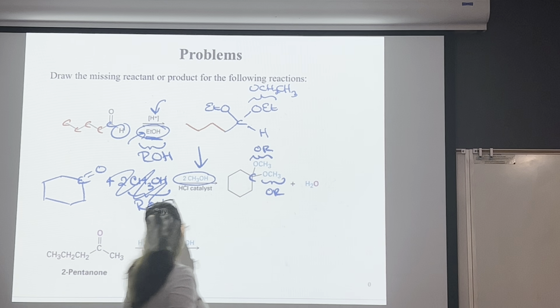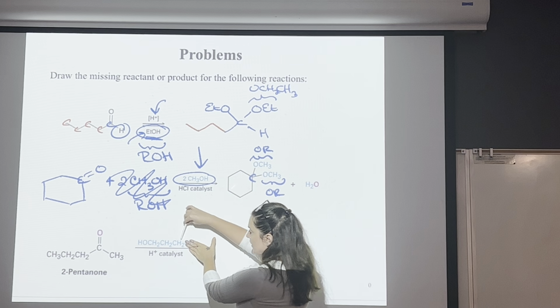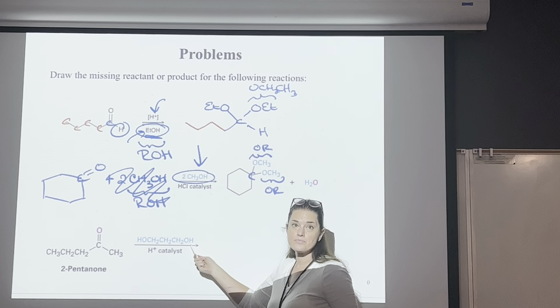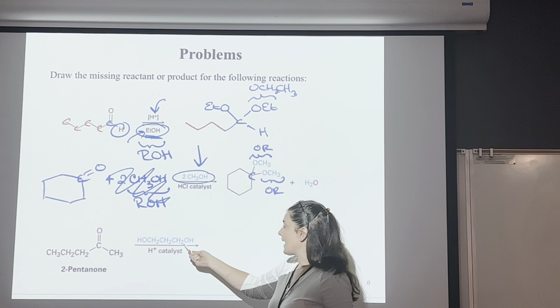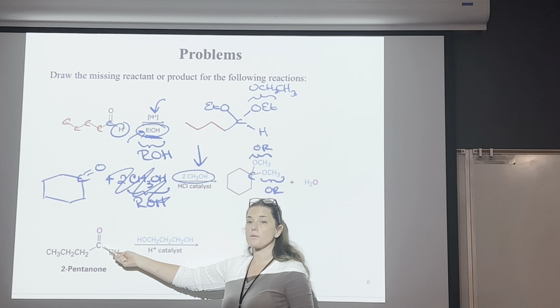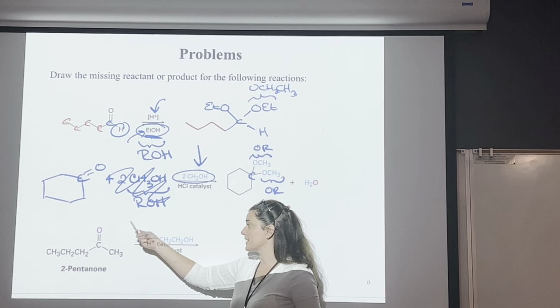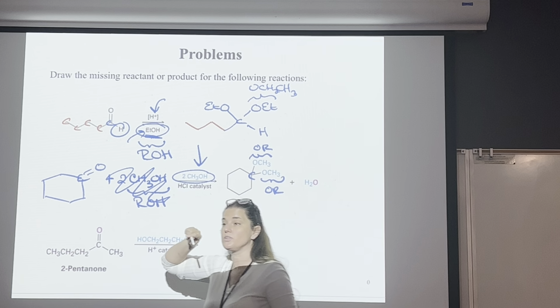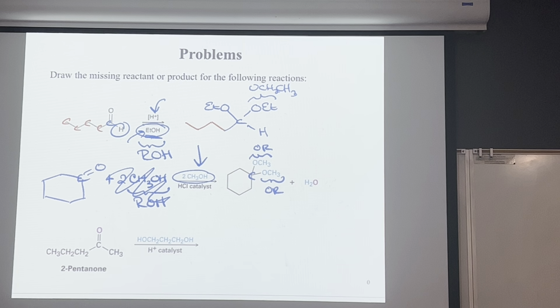Yes. Okay. And then on the other side, you have ROH. So this is a diol. So one side is going to connect to the carbonyl carbon, and the other side is going to do the same thing, and we're going to form a cyclic structure, which I know you guys hate, but that's the problem, so we're going to do it.